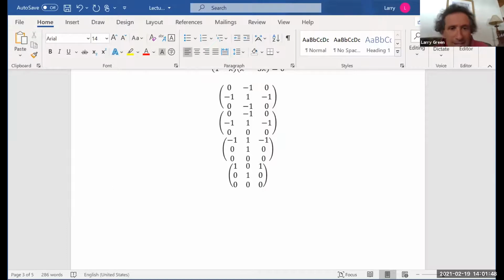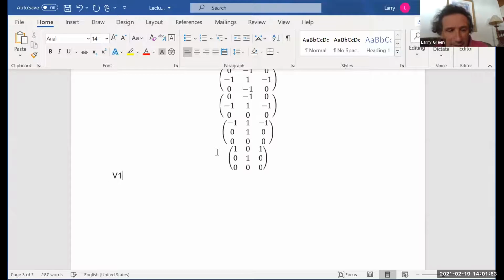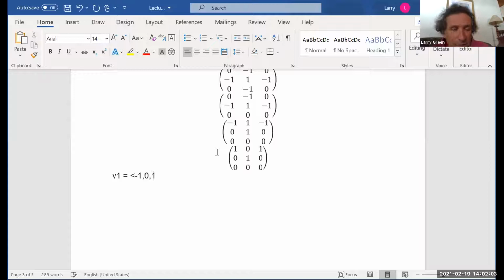Let me write V. This was eigenvalue 1, so sometimes we write V1. -1, 0, 1. And there's our eigenvector. So that's how you find eigenvalues and eigenvectors, by hand.